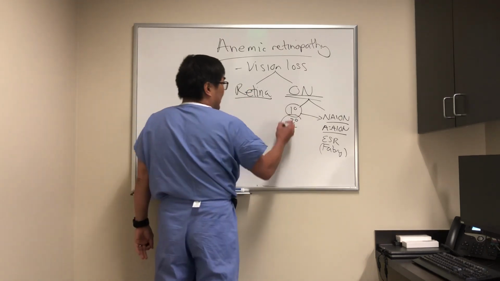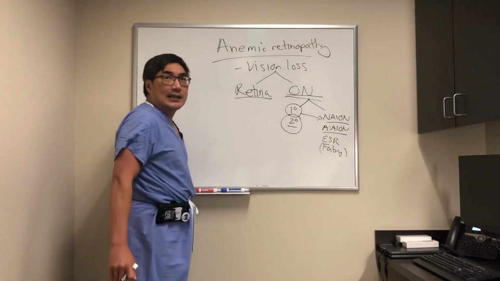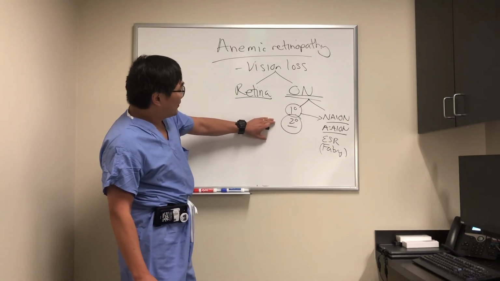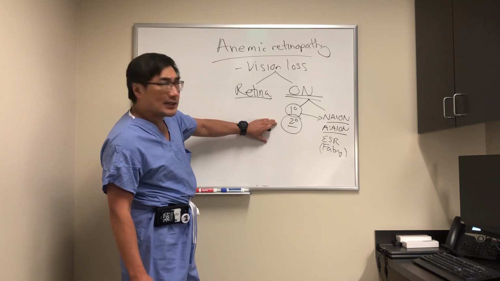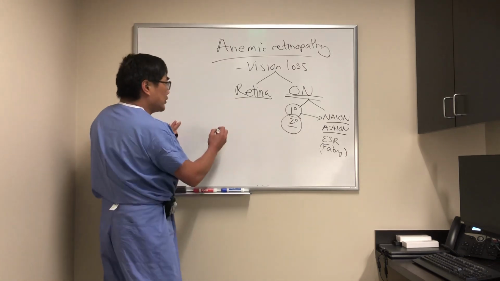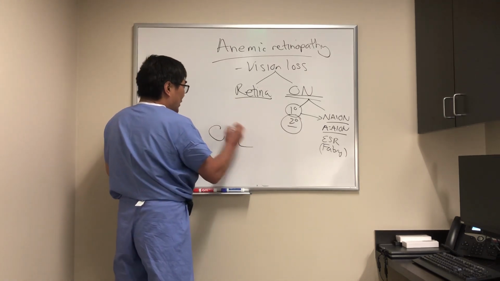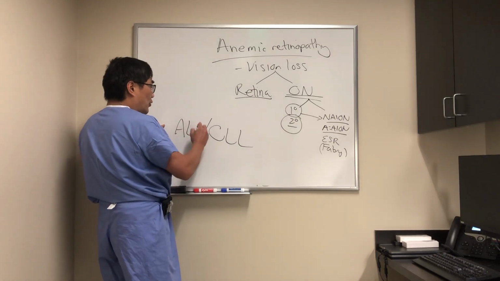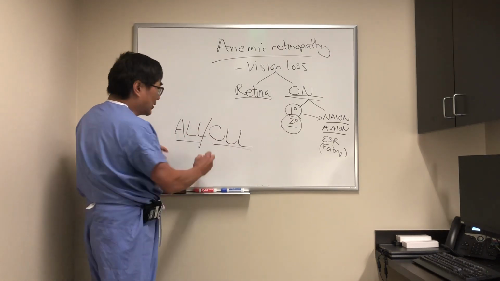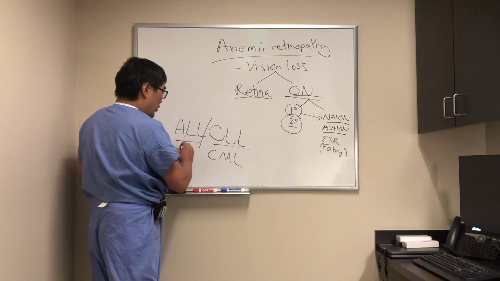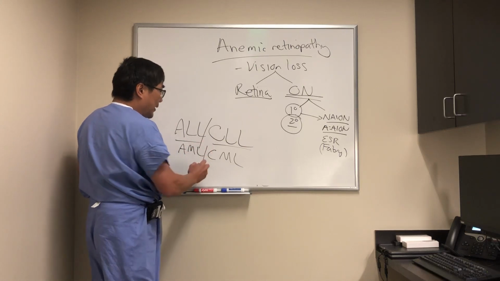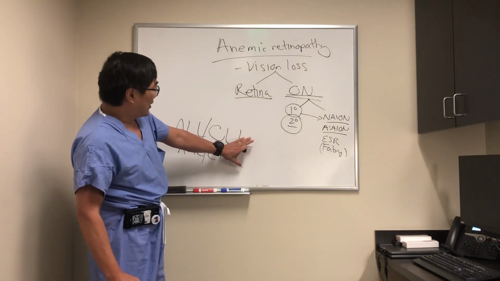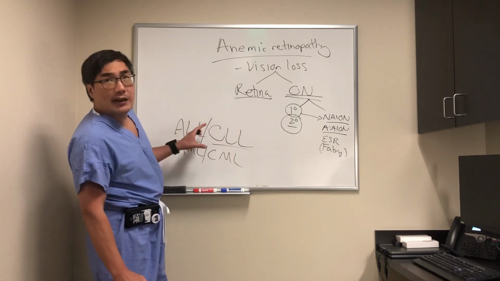The secondary anemias can occur from malignancy, and the ones that you have to be very careful about is if the patient has leukemia. So in patients, for example, who have leukemia, whether that's an acute form or a chronic form, whether it's the myeloid form or the lymphoblastic form, these types of leukemias cause shutdown in the bone marrow.